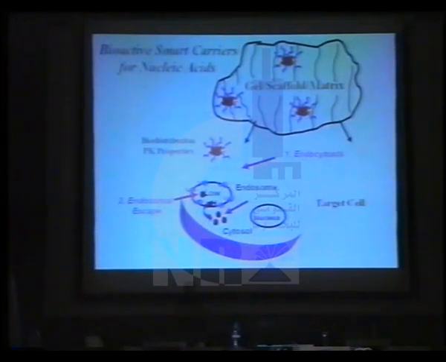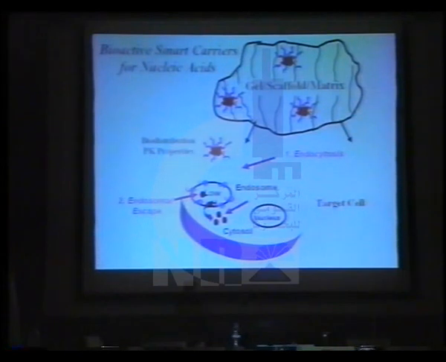And so these new delivery systems have some sort of activity to get around these barriers. And in our case, the primary technology is endosomal escape and this property of the polymer itself in a pH-dependent way being membrane destabilizing. But of course, in addition, they have the usual advantages of condensing and providing serum stability.